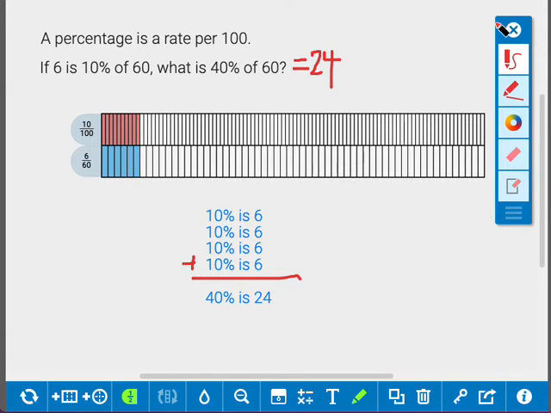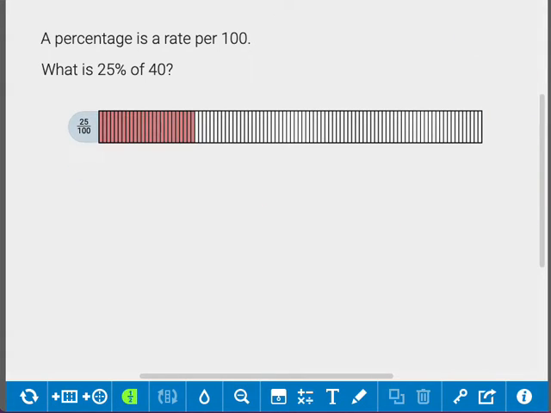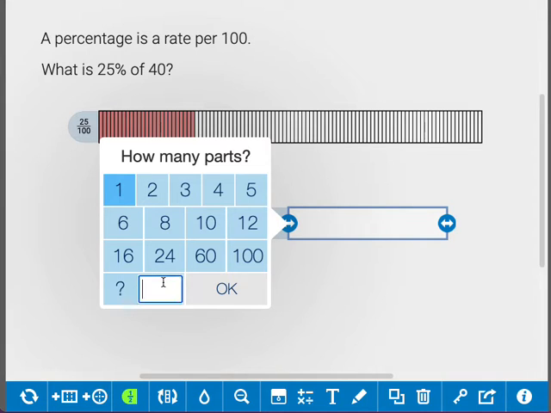All right, let's look at another one that we can reason about. What is 25% of 40? Remember, 25% is the rate 25 out of 100. I want to know an equivalent ratio for 25 out of 100, but this time I want it to be out of 40. So I can find an equivalent fraction. I want it divided into 40 equal parts.